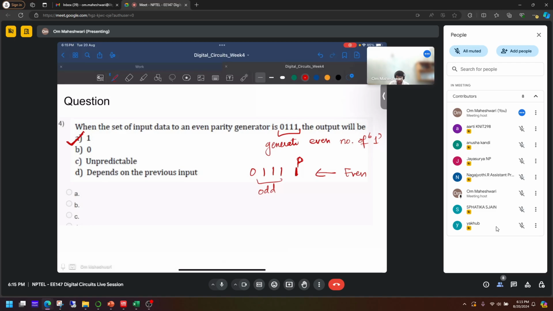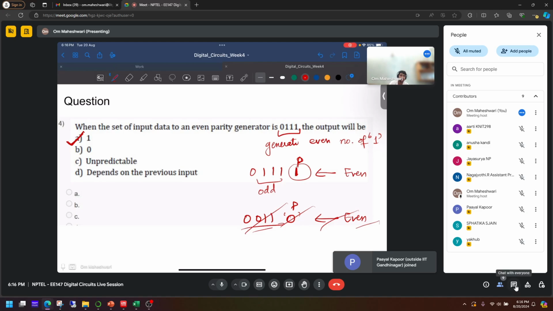Suppose your number was 0011, then the parity bit would have been 0, still even. Then your answer would have been 0. The answer in this case is 1. Is this clear? Is there a doubt in this question?